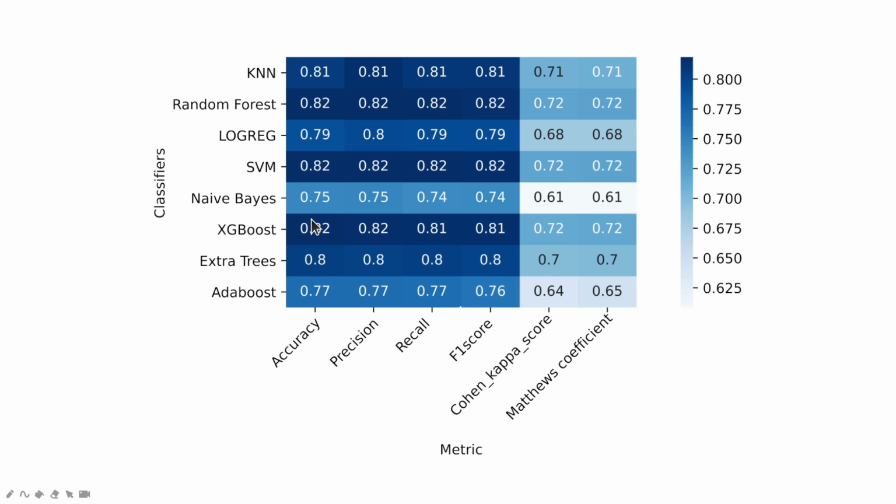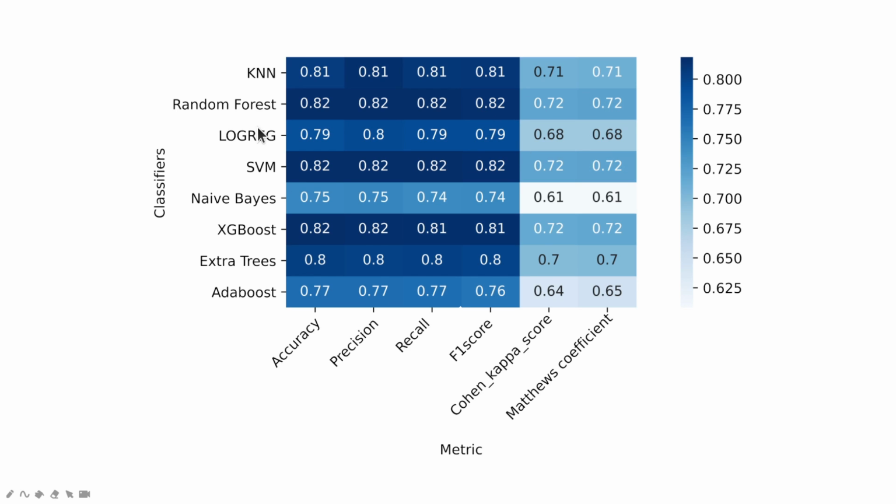We are going to compare just the three top classifiers. So if you look at XGBoost, 0.82, 0.82, 0.81, 0.81, we have 0.72, 0.72. SVM, we have 0.82 and then 0.72. Random forest, 0.82, 0.82, 0.82, and then 0.72.